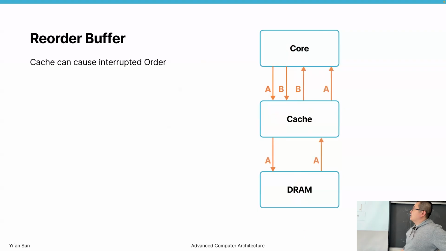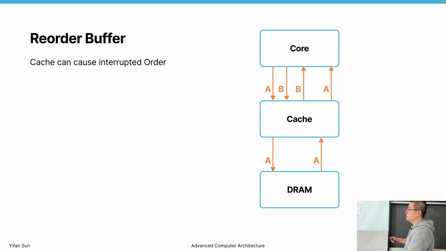And if it's a cache hit, then the cache may directly return B before A, because A is not completed yet. Some time later, DRAM can respond A, then the cache can respond A to the core. Right? If you look at this as a time order, the order of the requests and the responses are interrupted. So we cannot guarantee that the response order is the same as the send order.